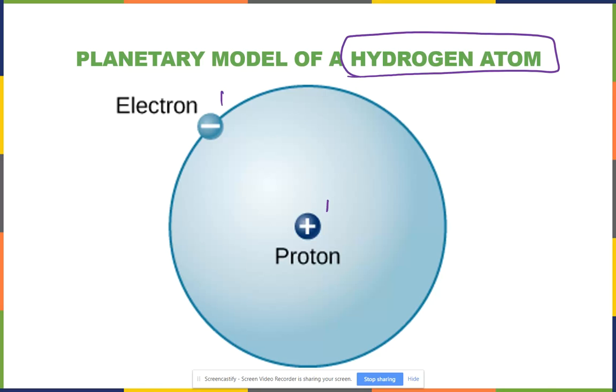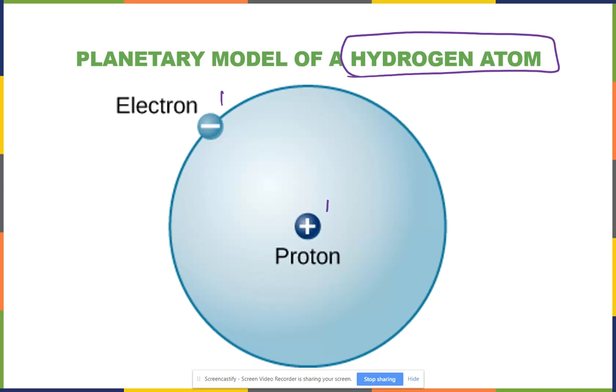And so they came up with a quantum model, the Bohr model, that says electrons are doing circular orbits, but the orbits can only have certain energies. Can't have any randomly selected energy. That's like saying if it was a planet, the planets can only be 1 astronomical unit from the sun or 2 astronomical units, but couldn't be anywhere in between.